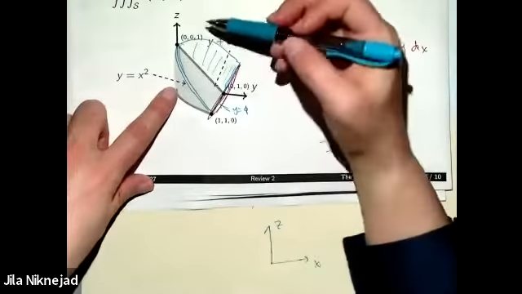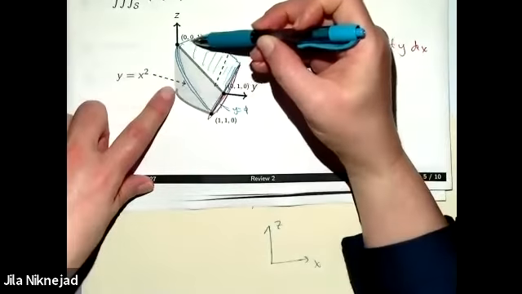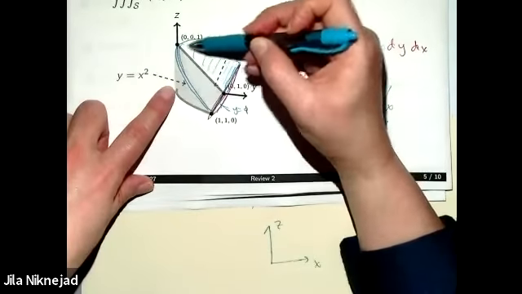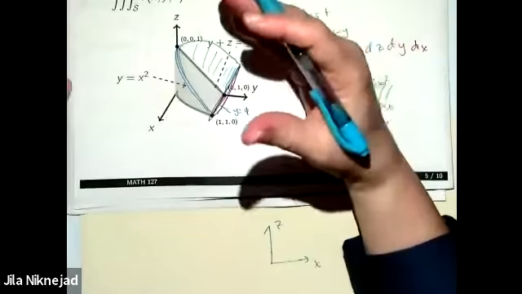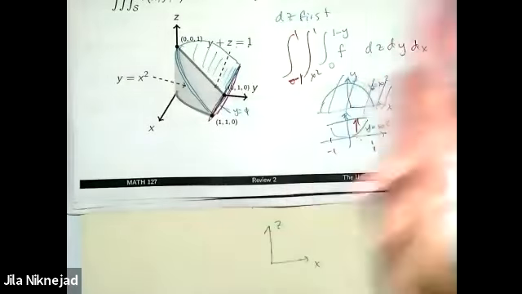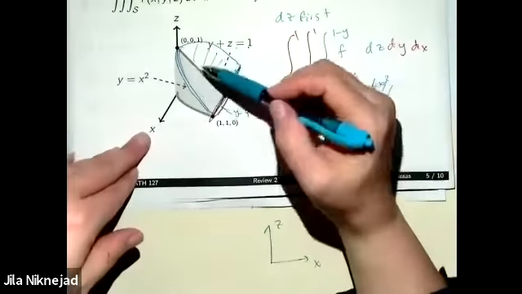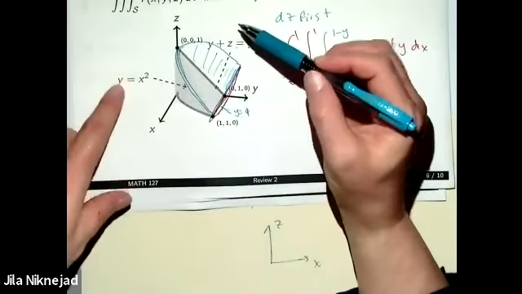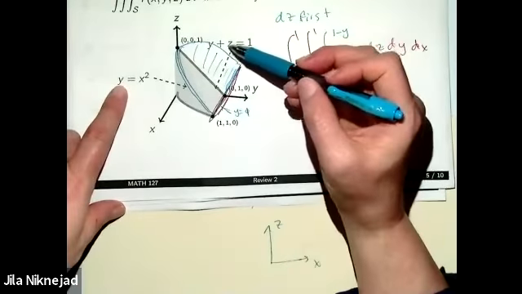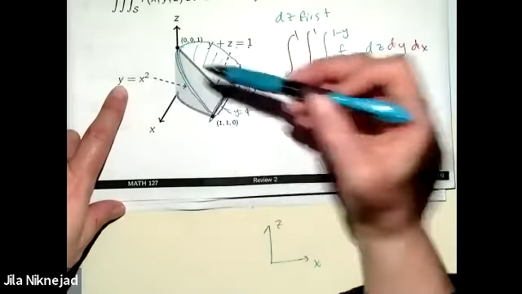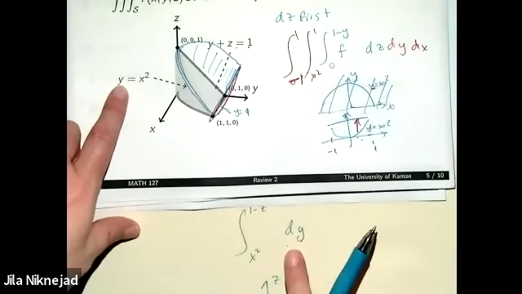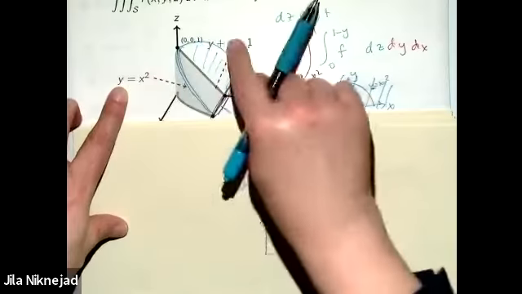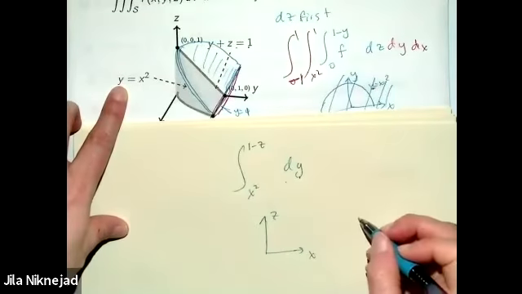I want to see how big that shape is, the one that creates the most shadow on the xz plane. So to find that, I have to eliminate y, since y was the most inner. I have to eliminate y between these two surfaces.